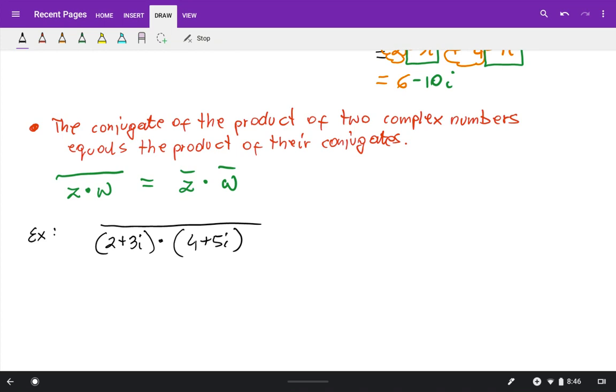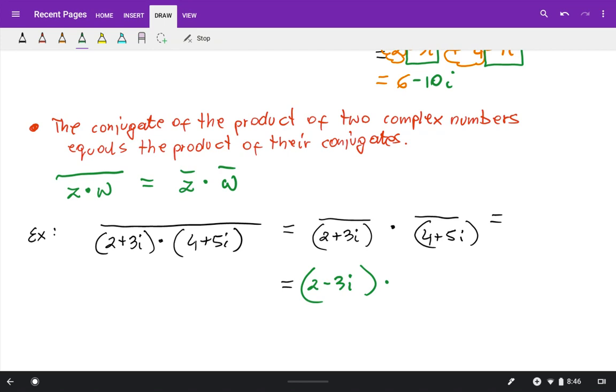Using that formula, I can break this down as the conjugate of the first complex number, which is 2 plus 3i, times the conjugate of the second complex number, which is 4 plus 5i. And now we're going to simplify. So the conjugate of 2 plus 3i is 2 minus 3i, times the conjugate of 4 plus 5i, which is 4 minus 5i.